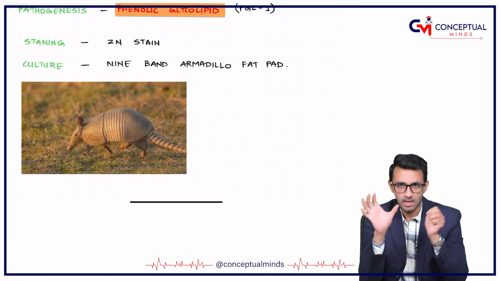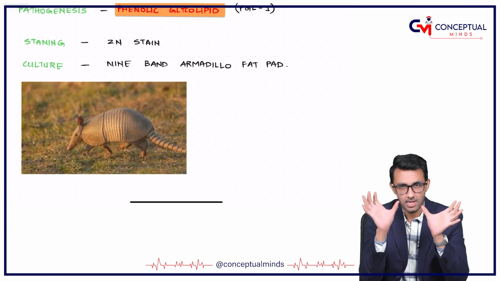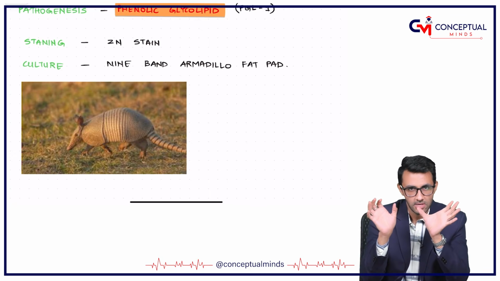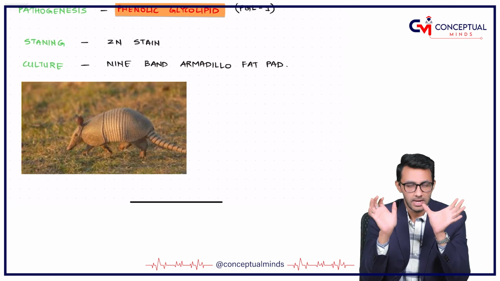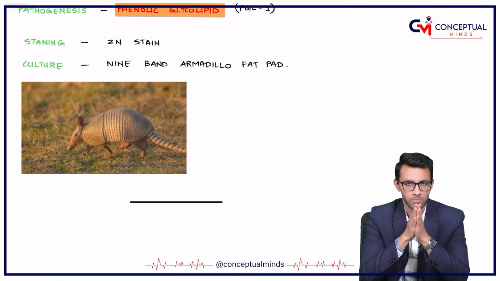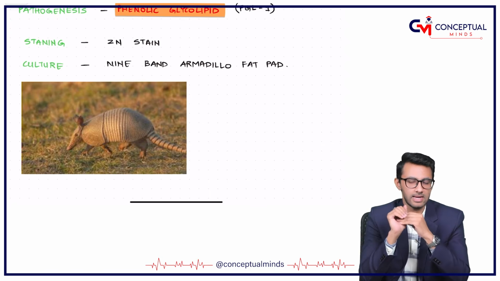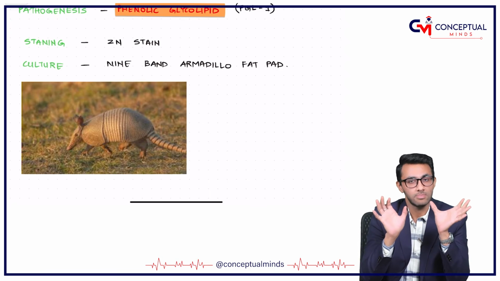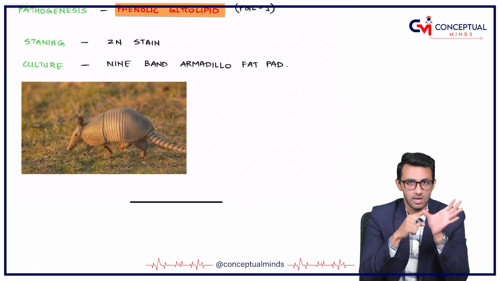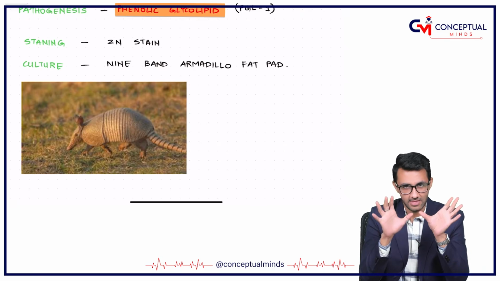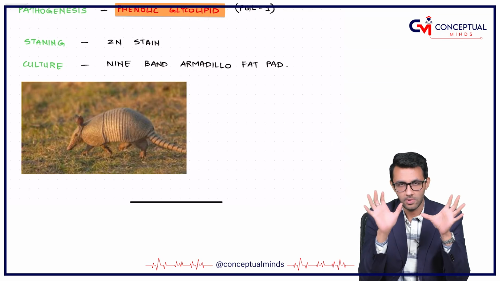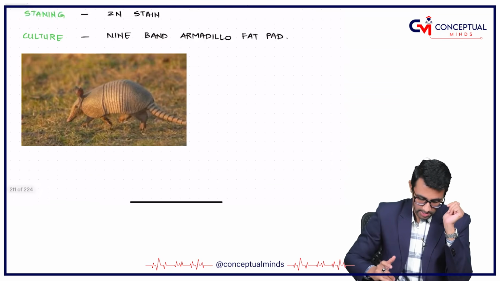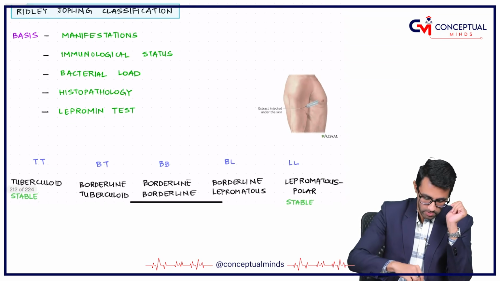We'll be reading about all the 6 types, including the indeterminate type and all the types described in the Ridley-Jopling classification. Please keep in mind that the indeterminate type becomes the limitation of this classification. Everything I have written in the notes, nothing to be bogged down about. Let us get started with the Ridley-Jopling classification.